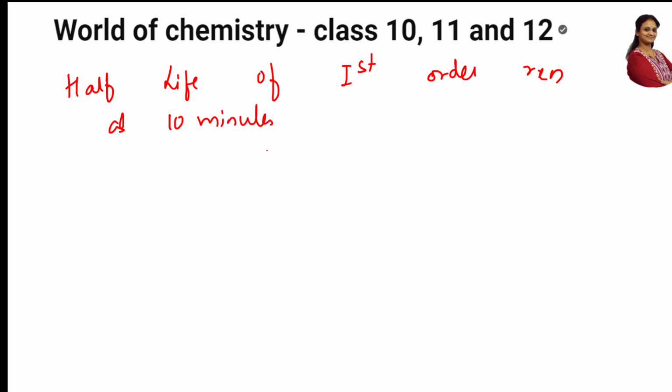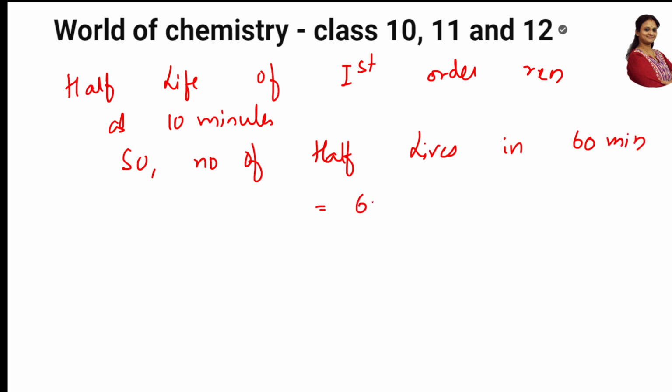What will happen, students? That means the number of half-lives in 60 minutes. Because they asked in 1 hour, right? So the number of half-lives in 60 minutes is 60 by 10, which is equal to 6.